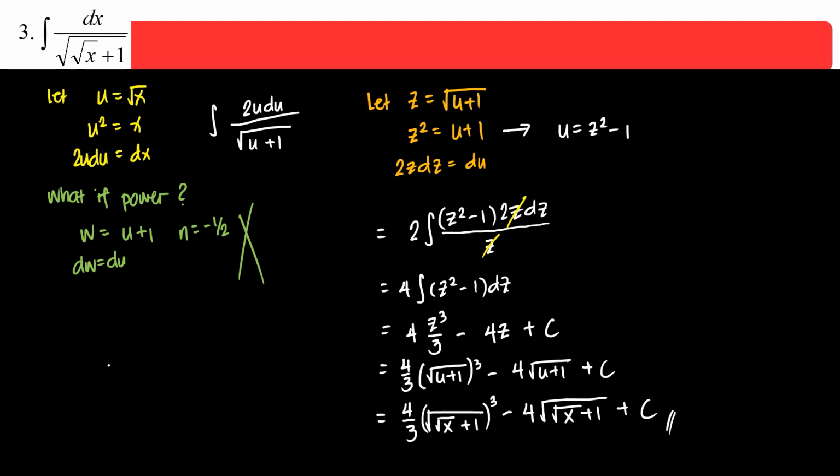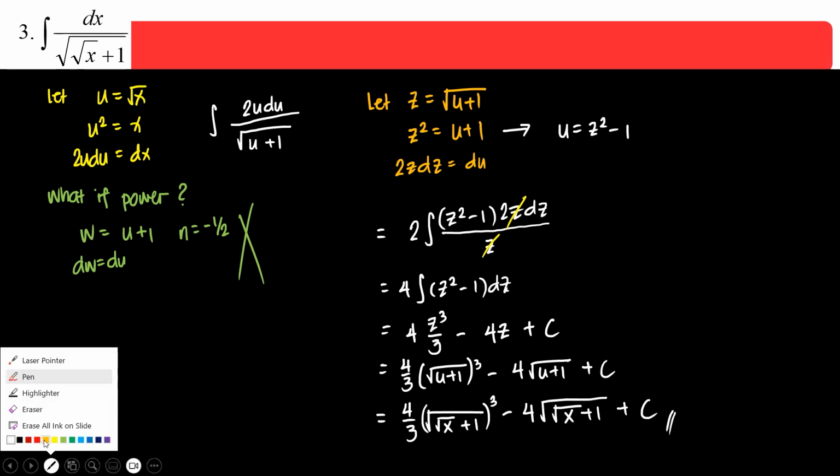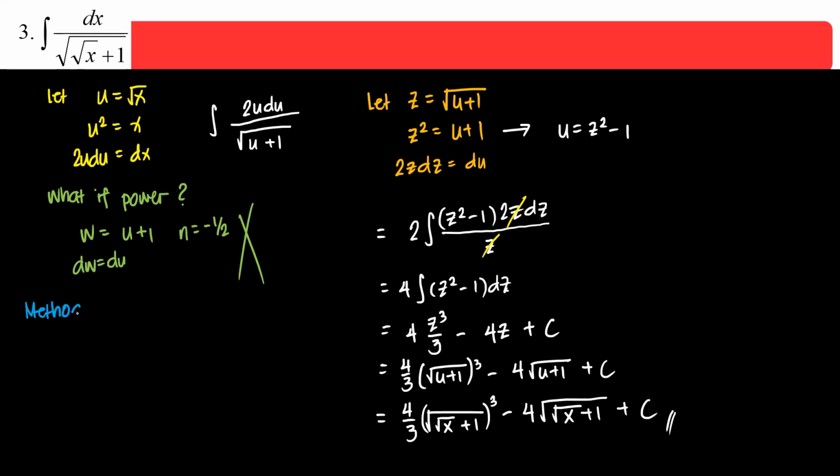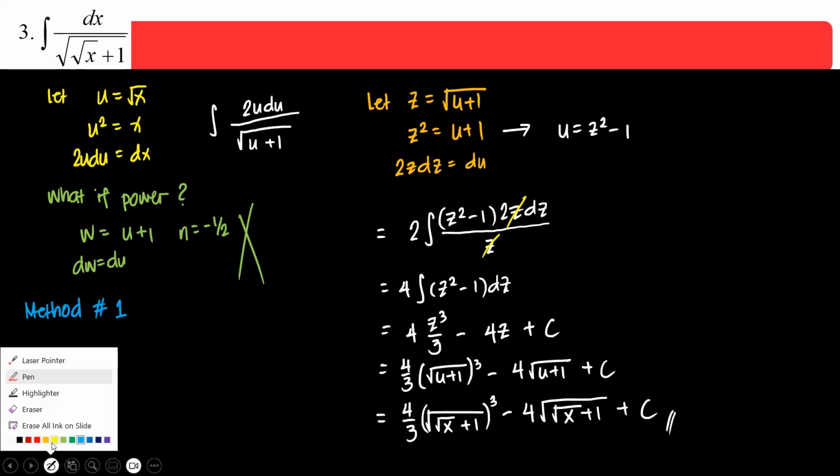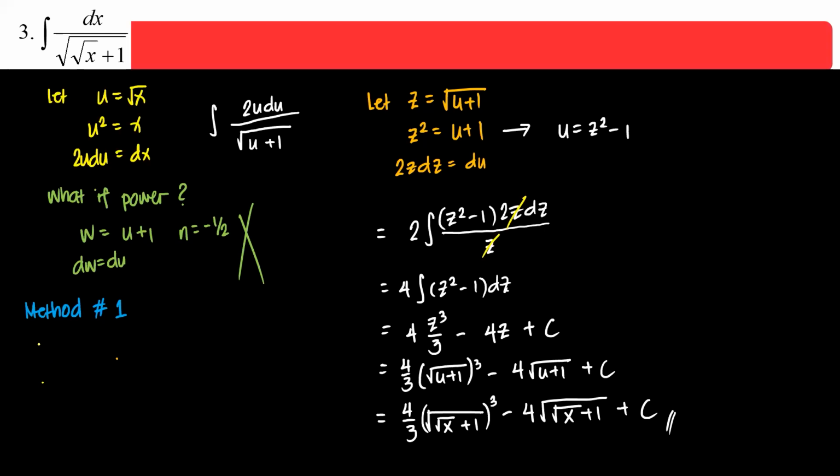Now we are back. What methods did we apply here? Let's call this method number 1. So what did we apply in method number 1? First, I applied the u equals square root of x substitution.